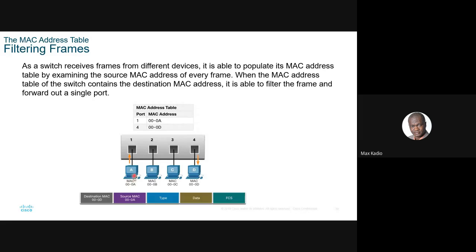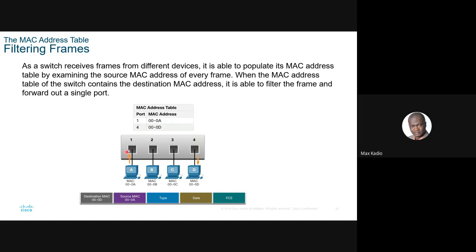So if PCA wants to communicate with PCD, you see source MAC address 000A, destination 000D. When the packet arrives, it checks MAC address 000D, what is it? 000D is connected to port 4. Okay, so go to port 4, then you'll reach your destination.